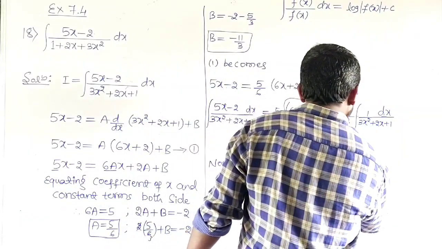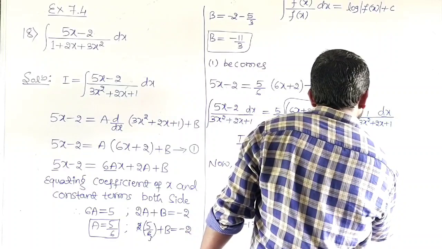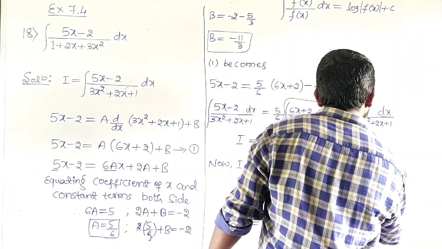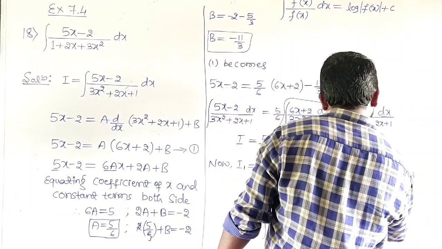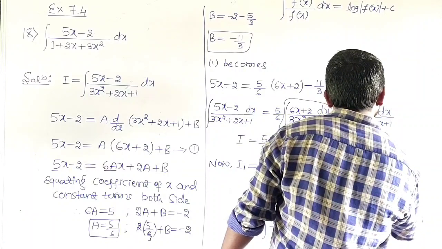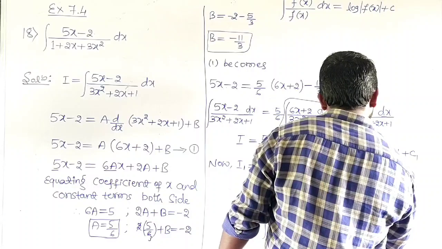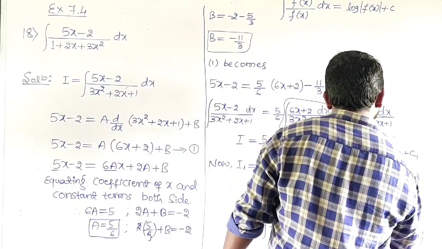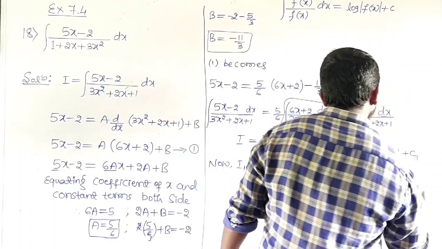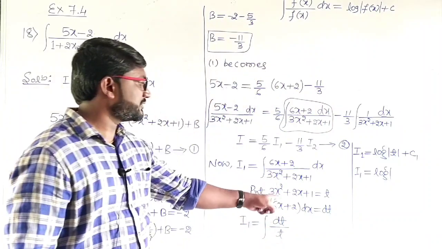So I will write here, I1 is equal to log mod t plus c1. What is t? It is 3x square plus 2x plus 1.